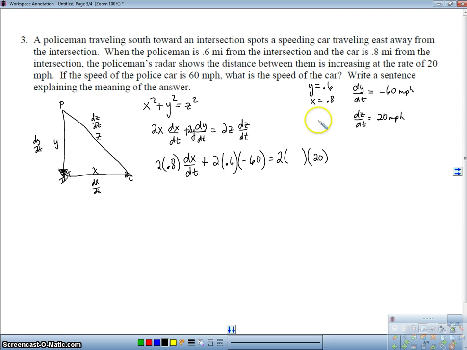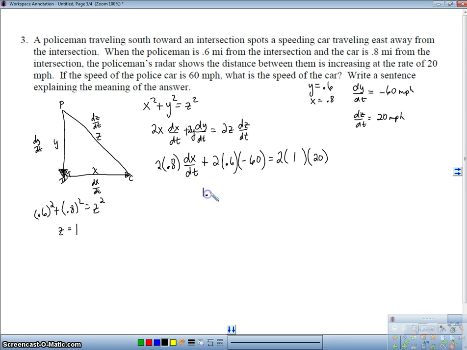Well, I'm going to figure out what z is on the side here. So I'm going to say 0.6 squared plus 0.8 squared equals z squared. And I'm going to solve that for z, and I'm going to get 1. So I know that z is 1 when these are happening. And now I'm going to solve this.